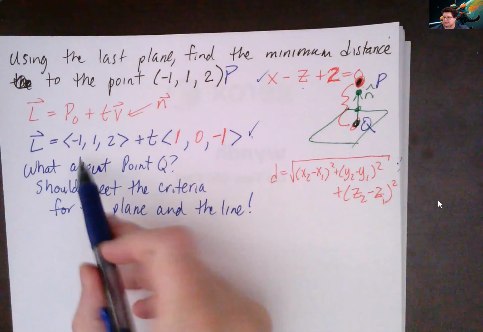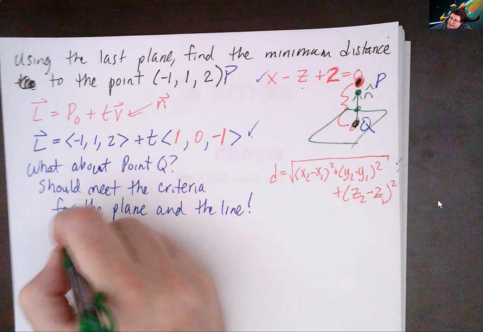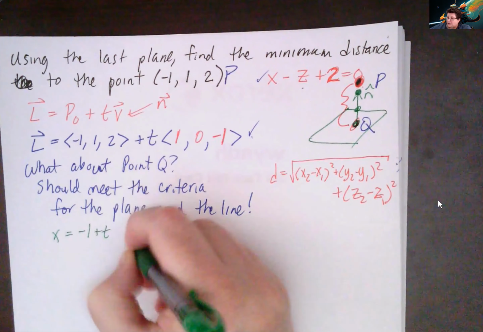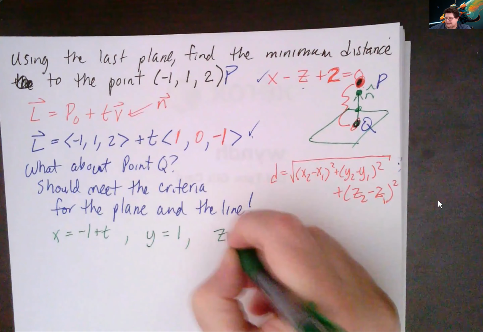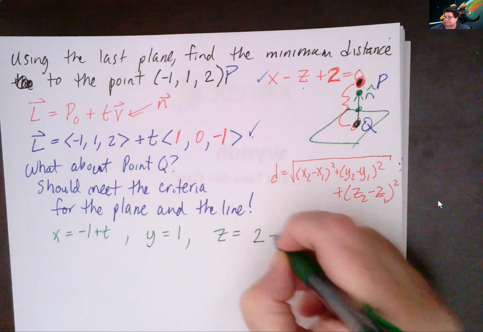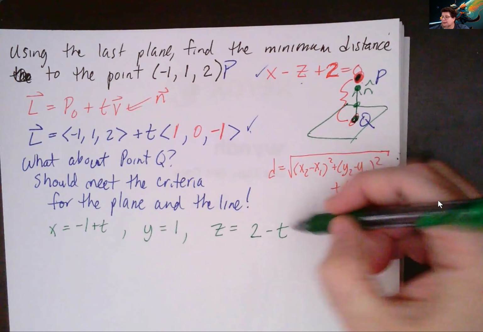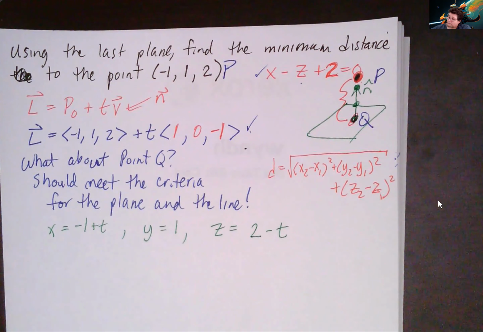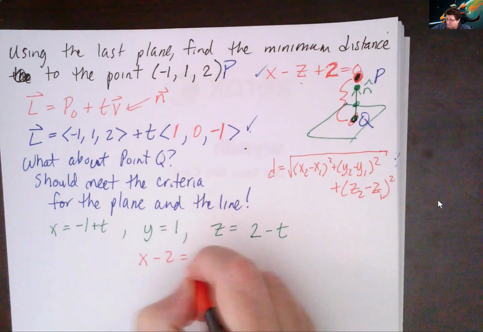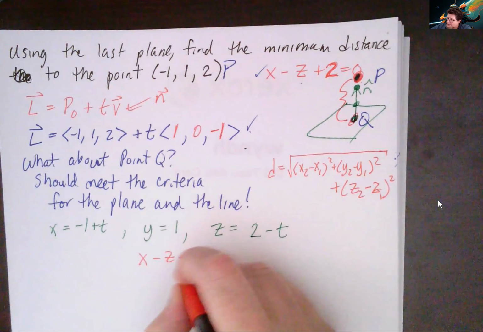So maybe we need to rewrite this line as something that's a little more useful. Let's turn it into the parametric equations. X equals -1 plus t. Y equals 1. Z equals 2 minus t. I have those three parametric equations from the line, and I have x minus z plus 2 equals 0.